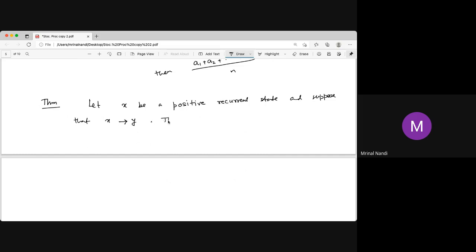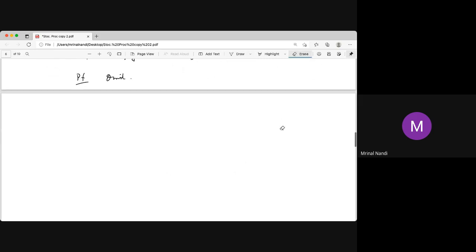Then y is positive recurrent. So a positive recurrent state leads to a positive recurrent state. The proof is again omitted; these are difficult proofs. One more theorem.